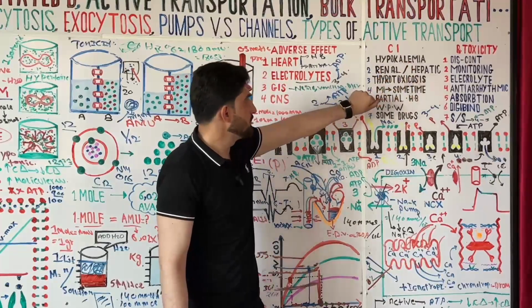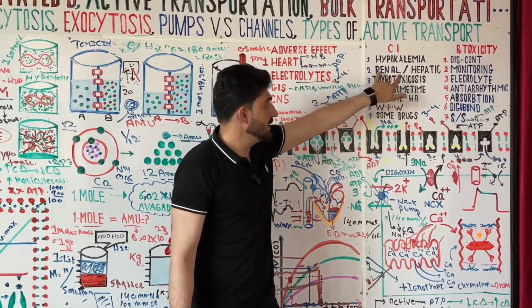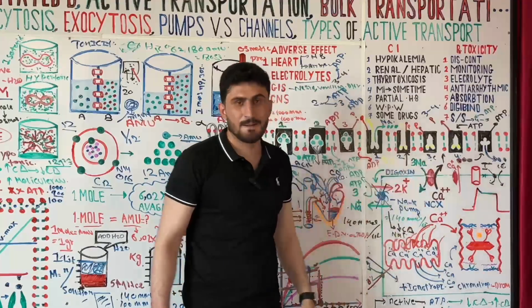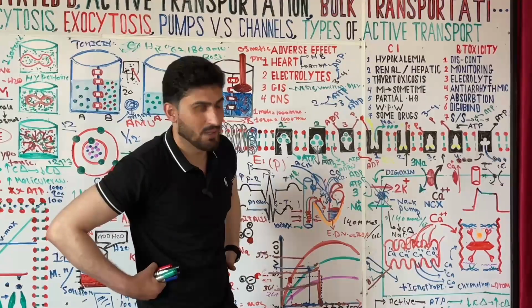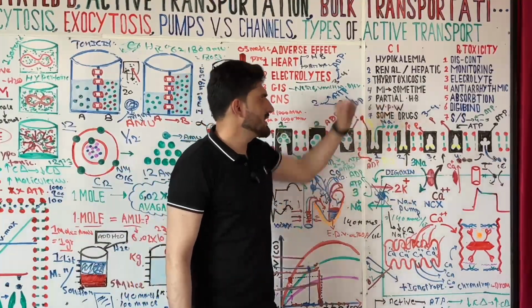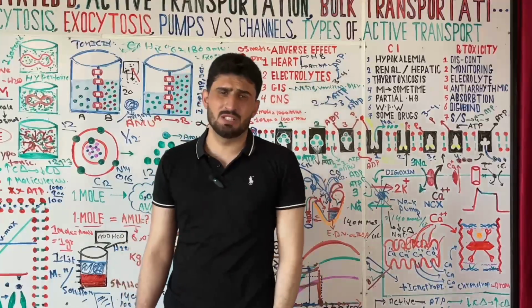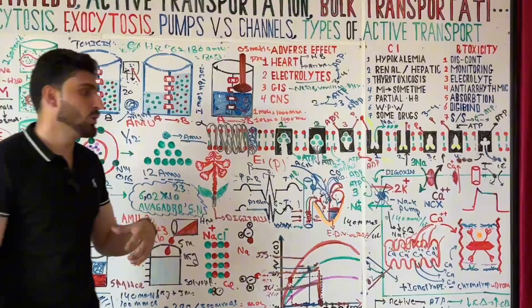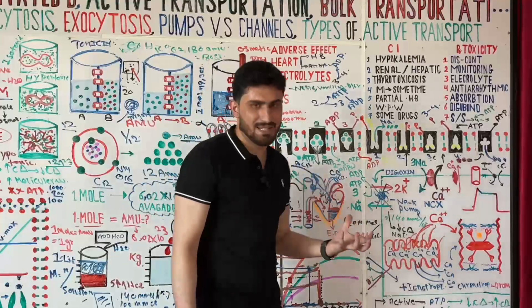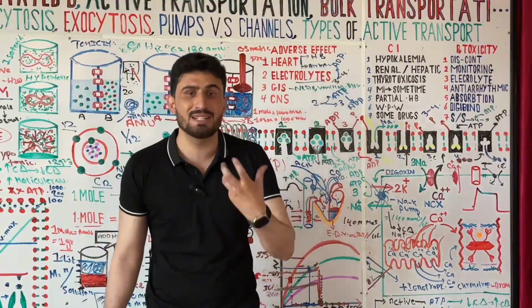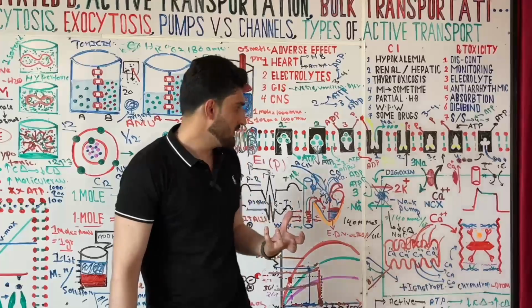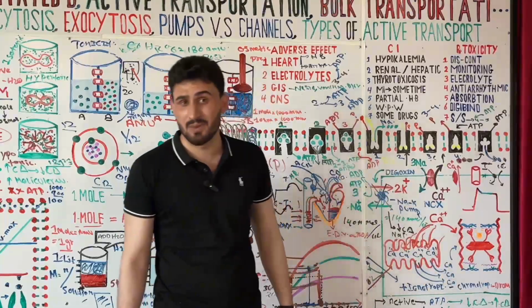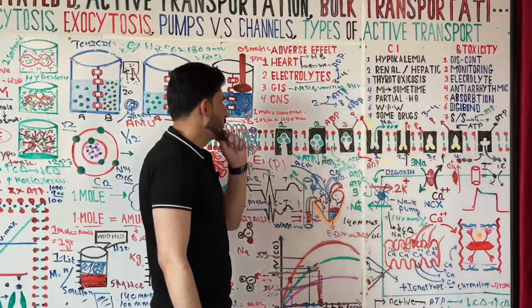Number two, don't give it in renal and hepatic impairment or failure, and don't give it to a thyrotoxicosis patient. Why? Because thyrotoxicosis increases the sensitivity of the sodium potassium pumps to digoxin.